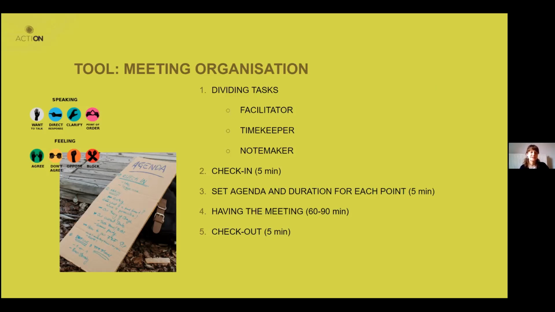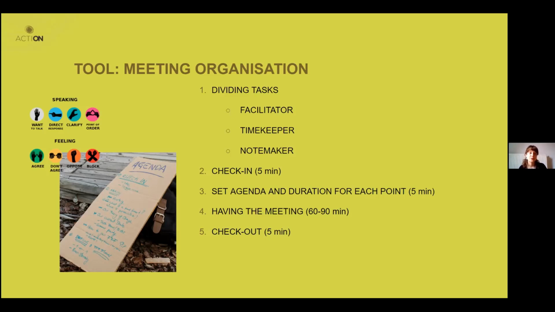Also, we would announce a timekeeper that tries to keep track of the time that we are using, to give enough time to specific topics. So I will explain you further.